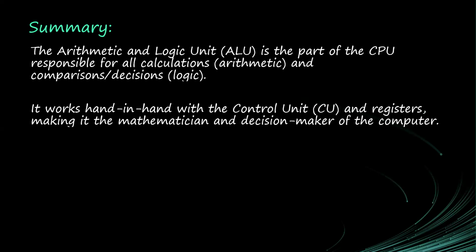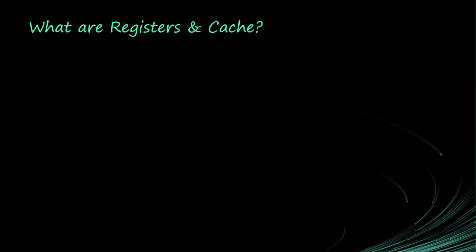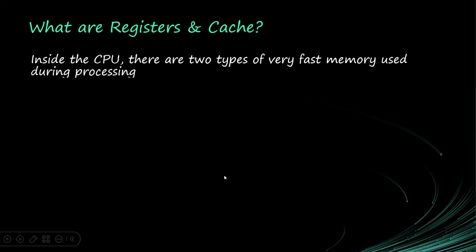So the last part that we'll be discussing is the registers and cache. Remember, the CPU has three parts: control unit, arithmetic and logic unit, and registers and cache. So what are registers? Inside the CPU, there are two types of very fast memory used during processing.